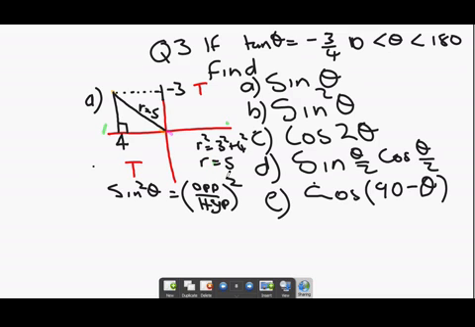Do you notice that I'm only using opposite and hypotenuse, and you must get used to practicing doing this. Now remember, our opposite is -3 over our hypotenuse is 5. So then you square it, which will eventually give you 9 over 25. So this one is now done.